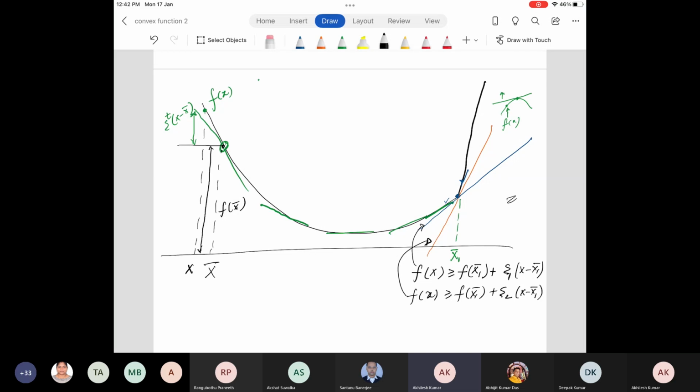So the point I'm trying to make here is, if you look at x1, f is differentiable or not? Yeah, differentiable. So when f is convex and differentiable, the gradient is its subgradient at x.